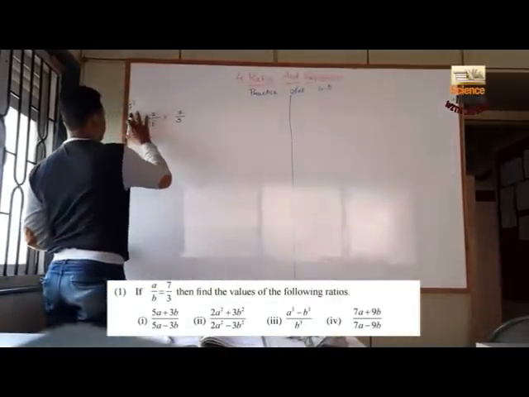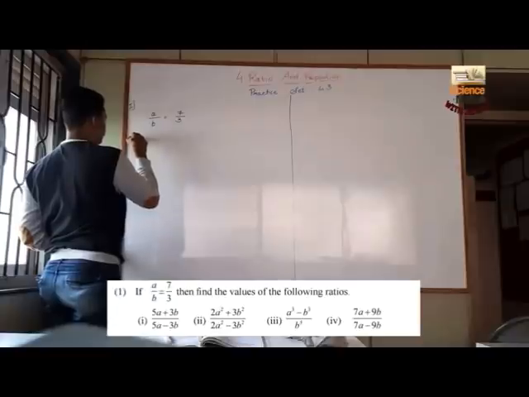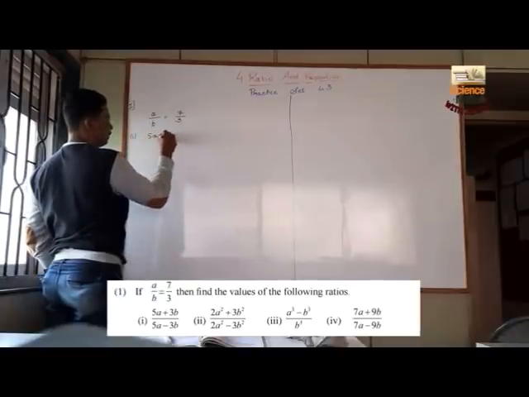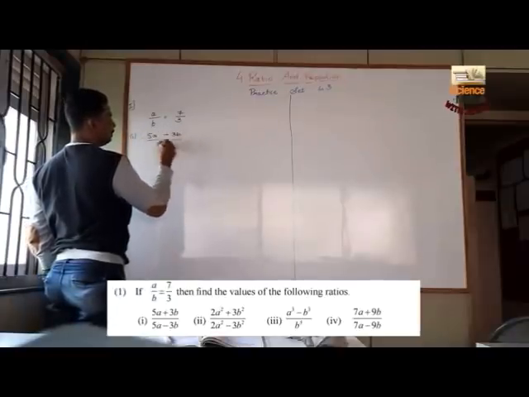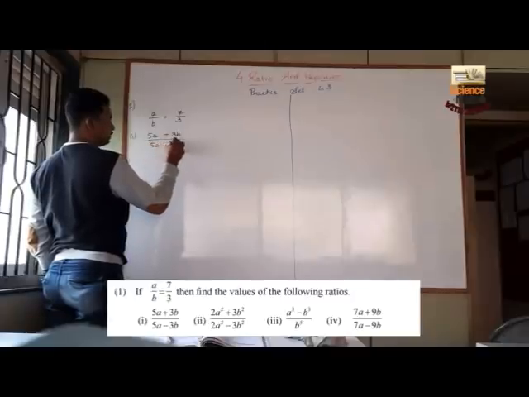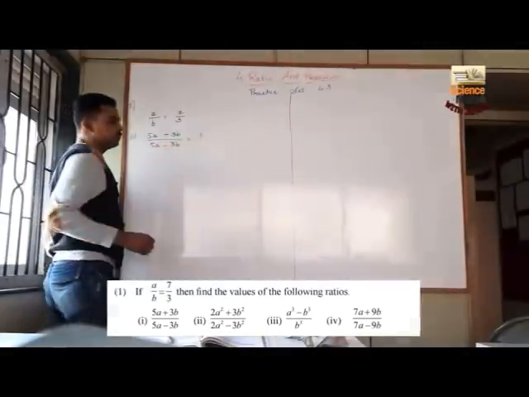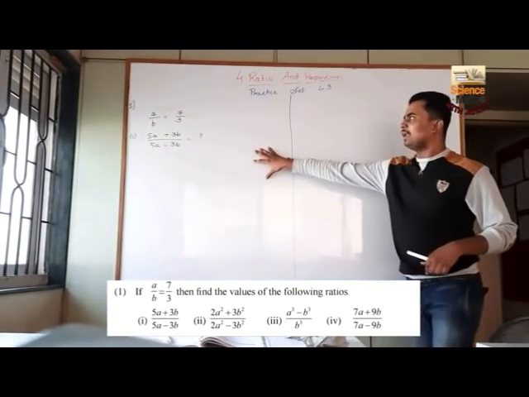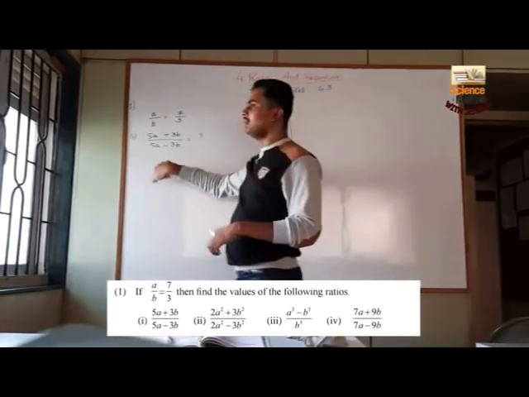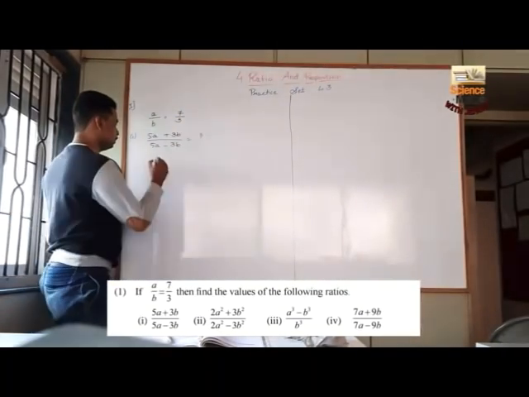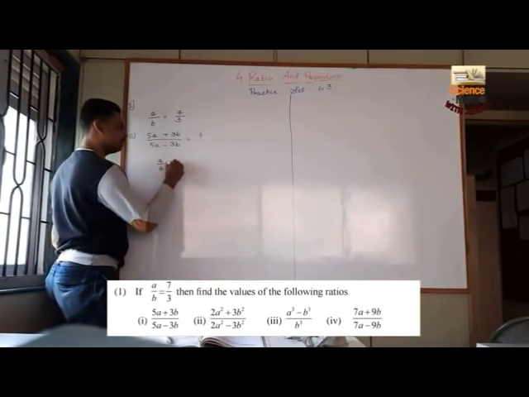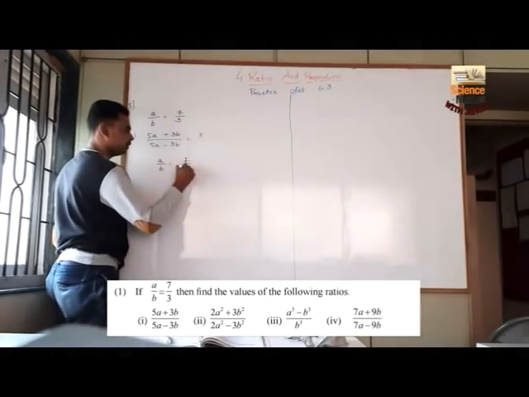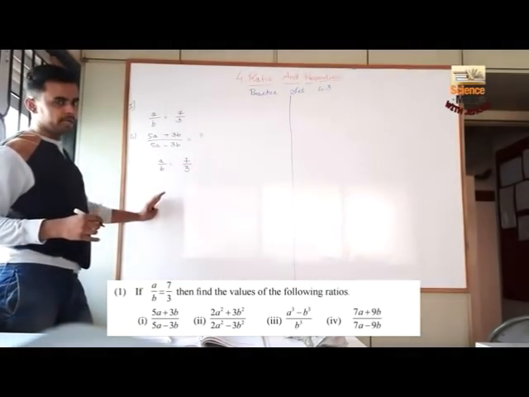So for that, I am supposed to find 5a plus 3b upon 5a minus 3b is equal to question mark. Now let us consider what we are given. So a upon b is equal to 7 upon 3. This we already have, right?